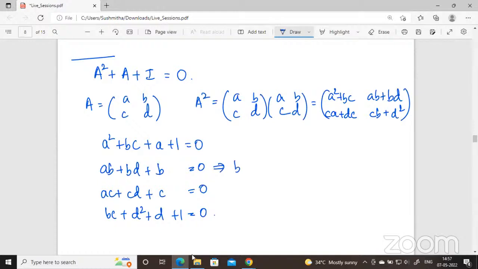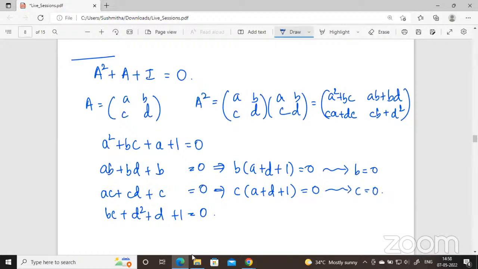So from here, b into (a plus d plus 1) should be 0. From here, c into (a plus d plus 1). Ma'am, that is b whole into (a plus d). So shall I put just b and c to be 0? We'll see what happens.